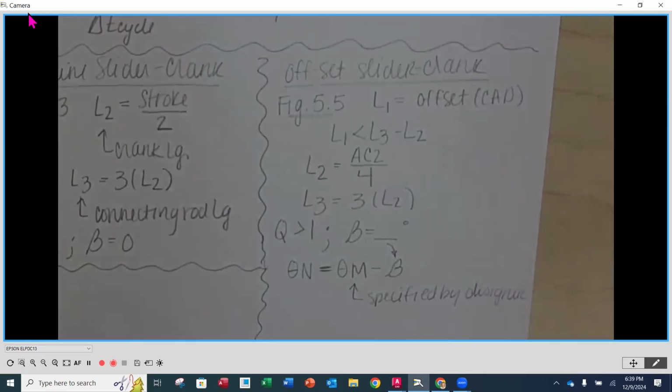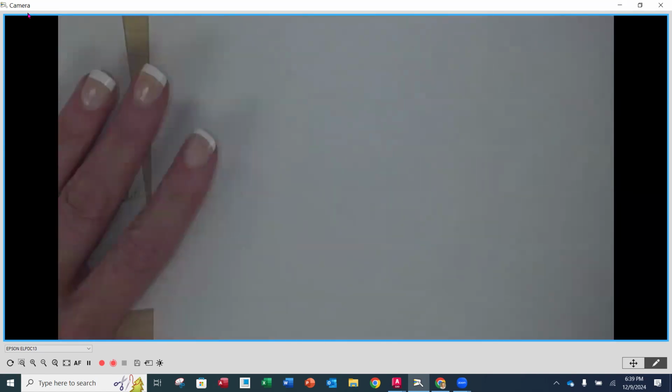All right. So let's go ahead and look at an offset slider crank mechanism problem that we'll do for our practice problem that'll also relate to one of your homework problems. The problem that we're going to look at is 5.15.